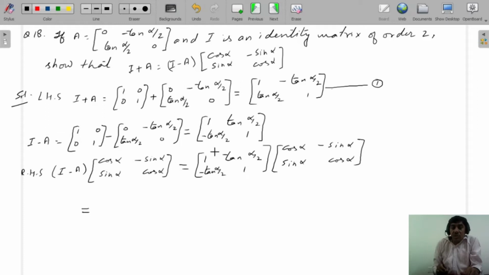So the first row, first column: 1 into cos alpha plus tangent alpha by 2 into sin alpha. First row, second column: 1 into minus sin alpha plus tangent alpha by 2 into cos alpha.